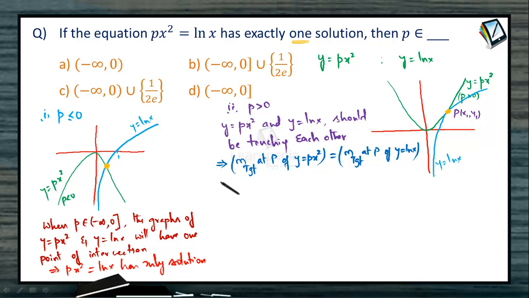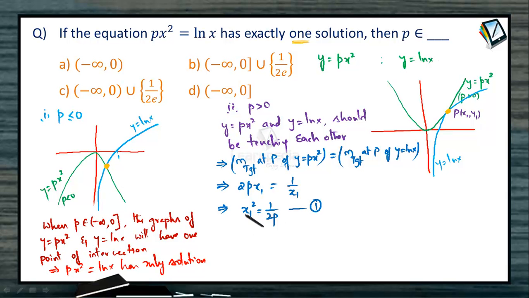Now what is the slope of the tangent to the first curve at the point P, which is assumed to be x1, y1? This is 2p x1. This should be equal to, what is the slope of ln x at the point P x1, y1? Yes, it is 1 by x1. So this is possible only provided x1 square is 1 by 2p. Let's call this equation 1.